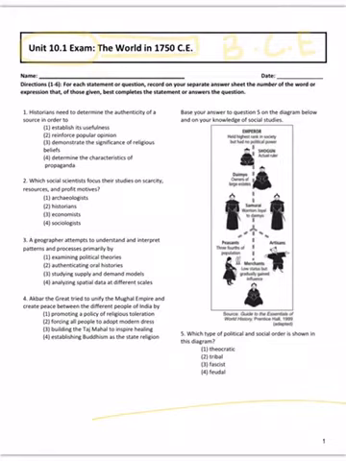Okay, number one. Historians need to determine the authenticity of a source in order to. So the first thing I want to talk about is this word authenticity. Authenticity means the realness. Authentic is real, so they need to make sure a source is real.